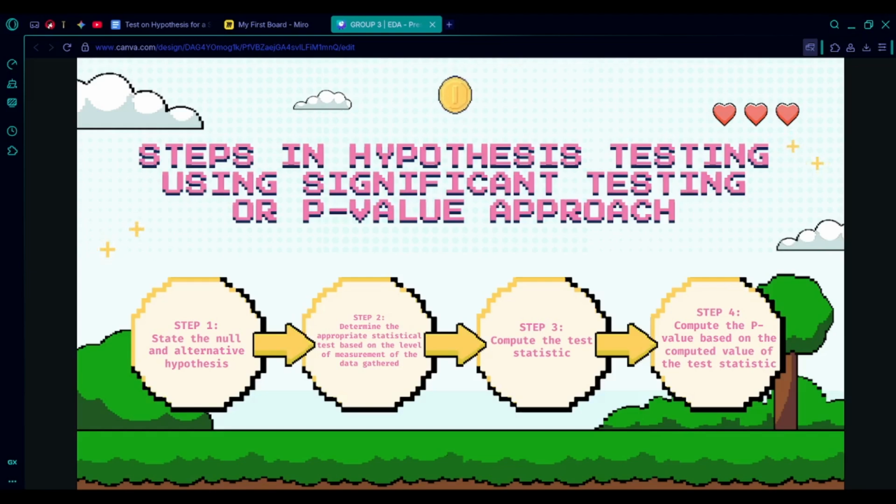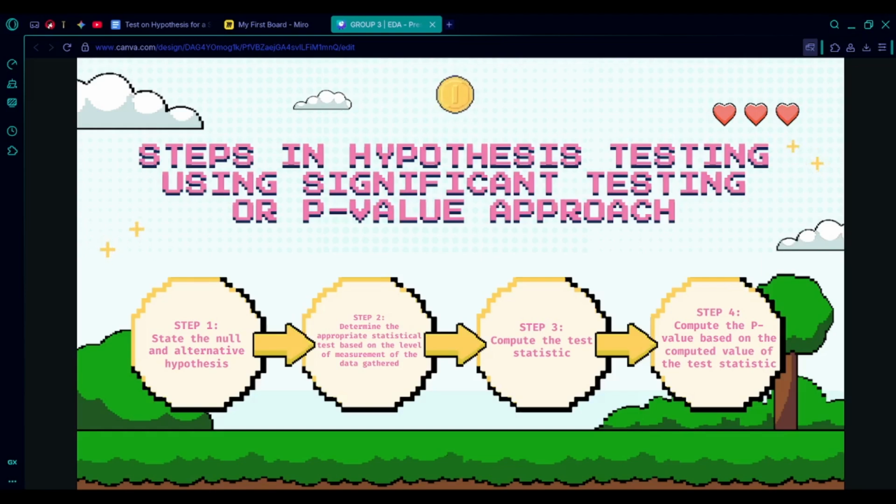So for step 4, compute for the p-value based on the computed value of the test statistic. Before we come up with the computing of the p-value, we must first determine the z-value or the t-value, as well as the critical values, so that we can locate them in the z-table or the t-table.